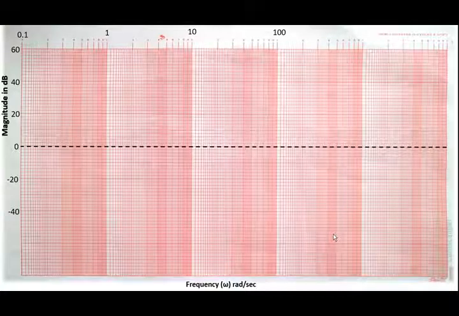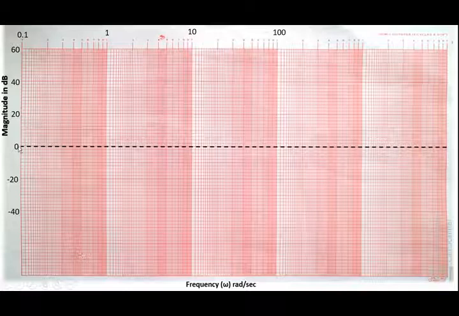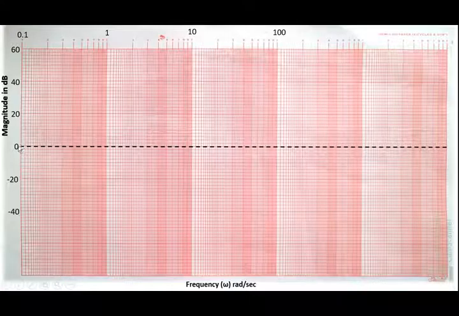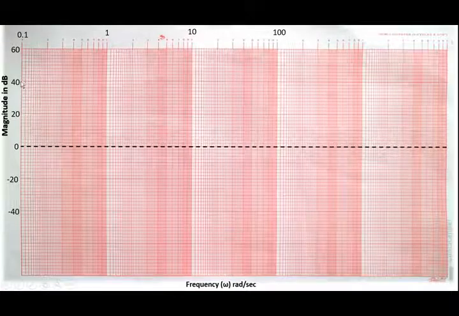Which are those? Here observe this magnitude scale. I am considering 0 to 20 dB with 10 divisions. Here 10 divisions are there in between 0 dB to 20 dB, and 20 dB to 40 dB also there are 10 divisions. So for each 10 divisions I am considering it as 20 dB. This is the reference I am taking in this condition.